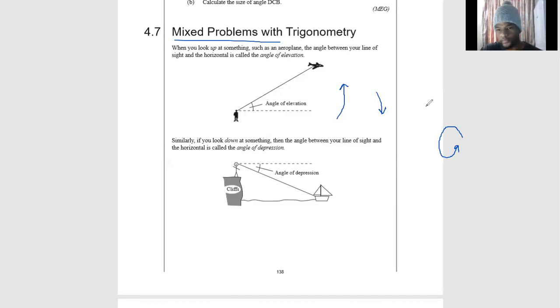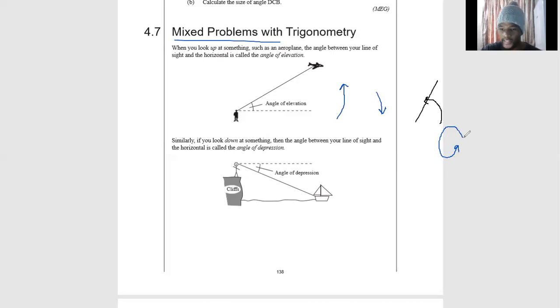So when you elevate, since we move in an anti-clockwise direction when we count angles, it means that if I move from there and go up until there, what have I done? I have elevated because I've pushed this upwards, right? When I depress the angle, I'm going in the opposite direction, right?